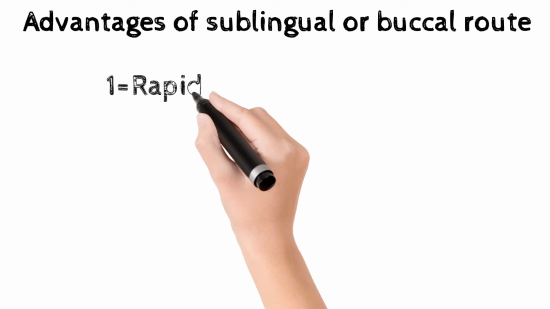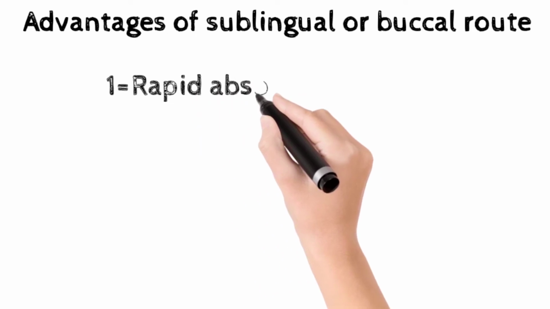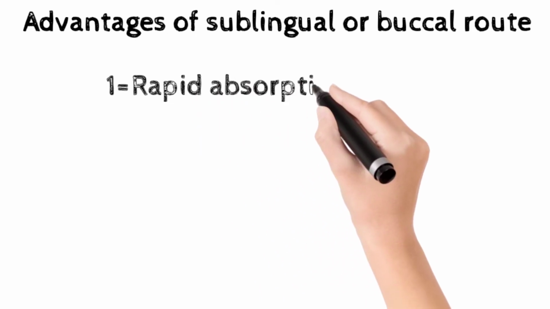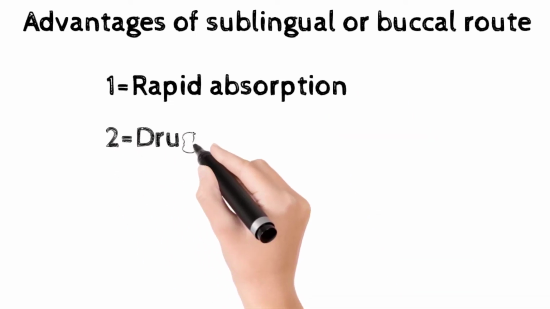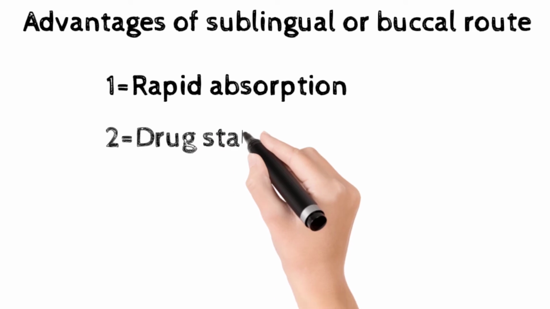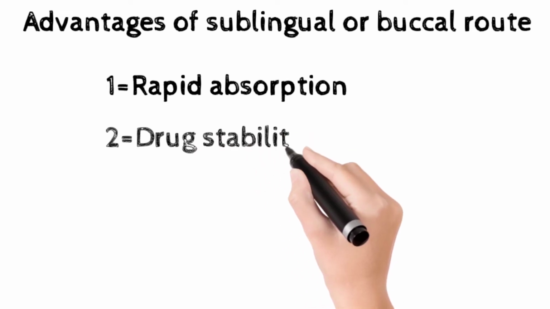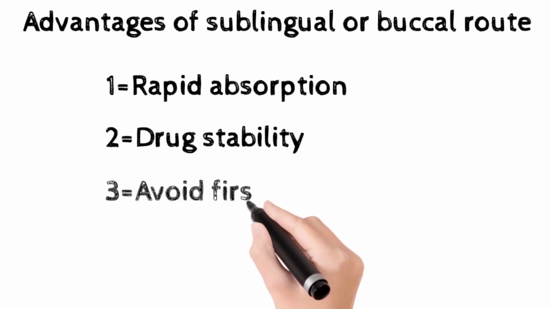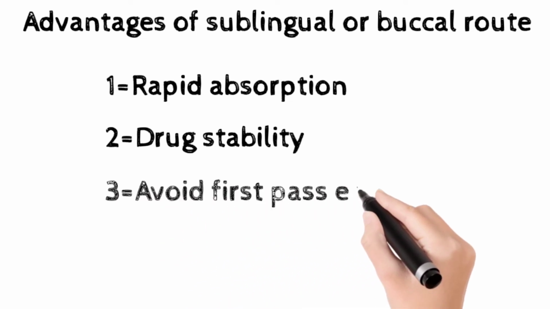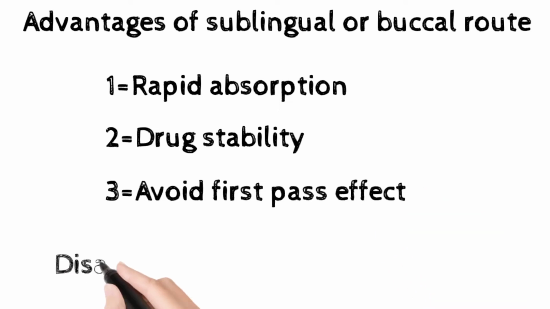First is rapid absorption through the capillary bed below the tongue. Second is drug stability, because the drug does not go through the first pass effect. Third advantage is that it avoids the first pass effect, meaning first pass metabolism.